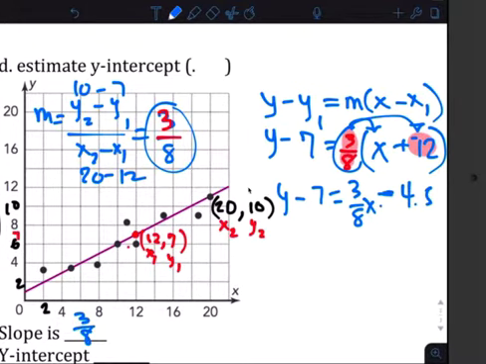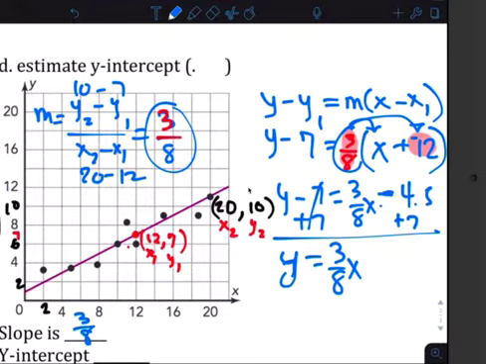Okay, add 7 to both sides. You get y equals 3 over 8x plus 2.5. Yes, 2.5.